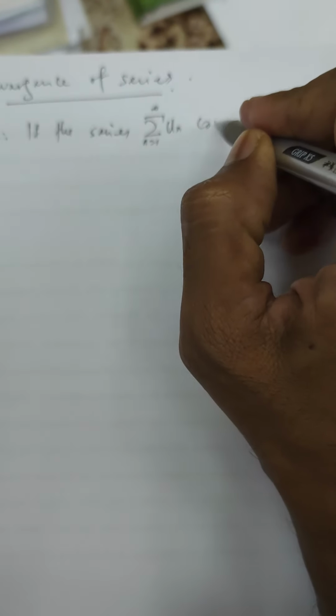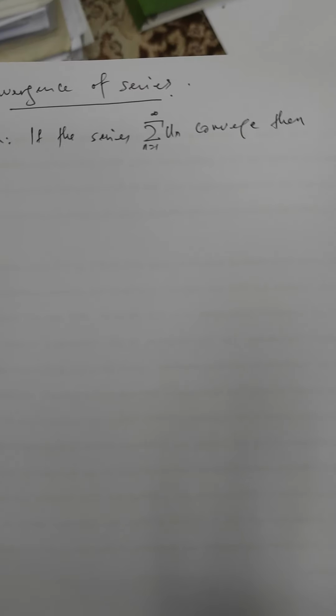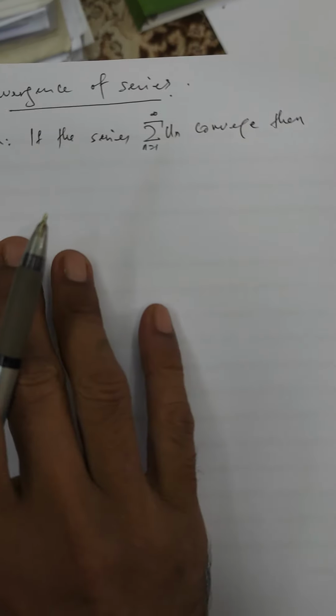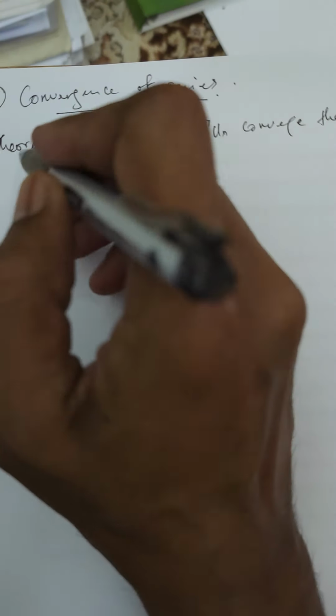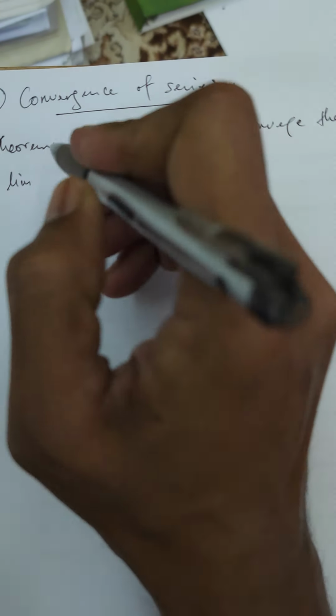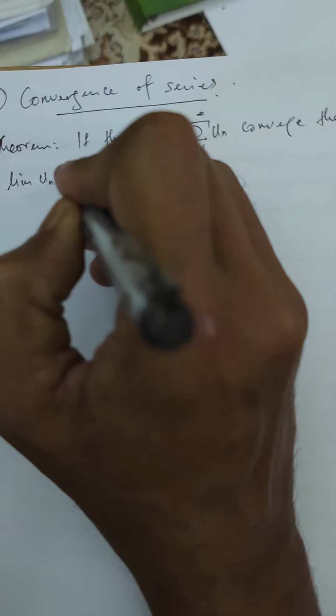If it converges, then the limit of un is 0.